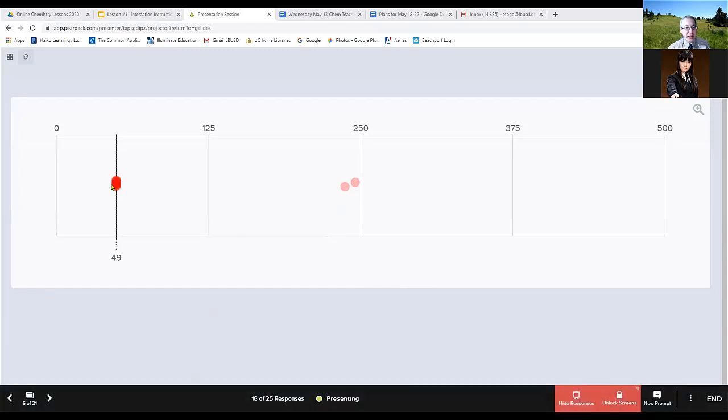So there are only 2 obvious places people respond. It's not a continuum. So there's this 49, and there's about 250. So if you do the math correctly, the answer is 49. So let me show you why that's the correct answer.